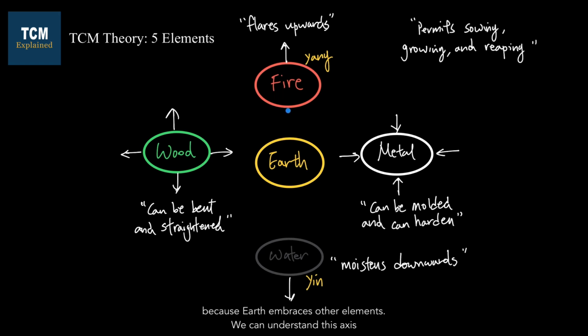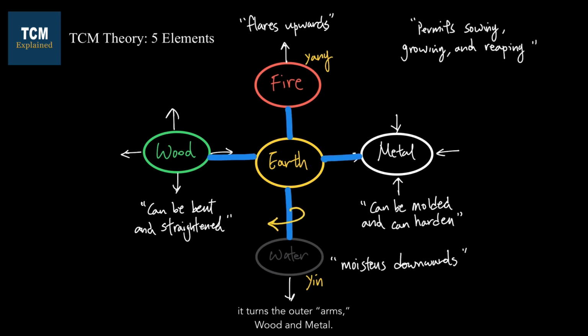We can understand this axis as a representation of direct communication between fire and water, and earth is in between acting as a pivot. As it turns around its axis, it turns the outer arms, wood and metal. It's another way to say that earth is the center and it has effects on other elements.